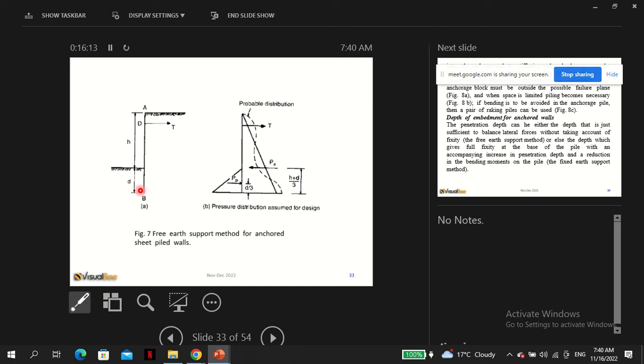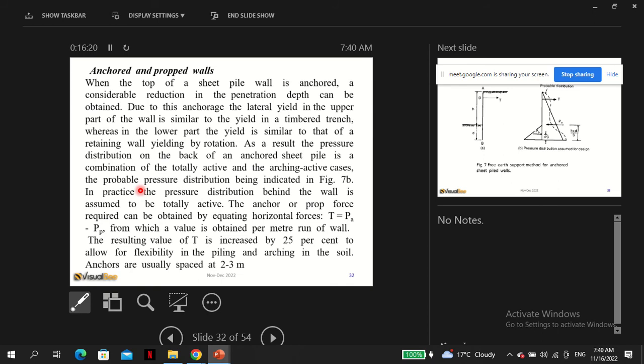You can see here we are saying probable. That means it's an estimation. It's difficult to get the pressure distribution precisely. So in practice, the pressure distribution behind the wall is assumed to be totally active.